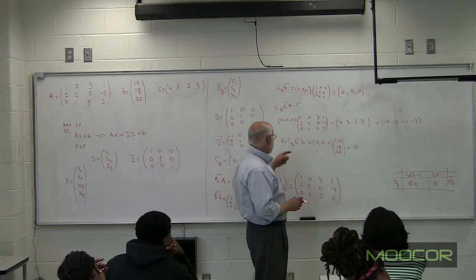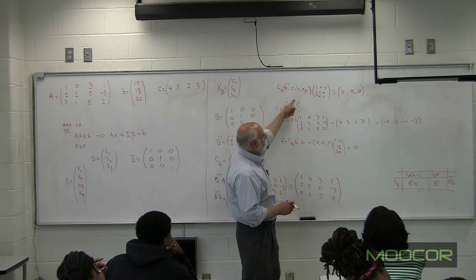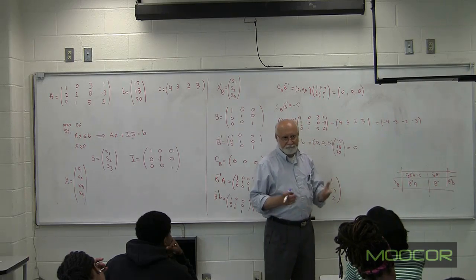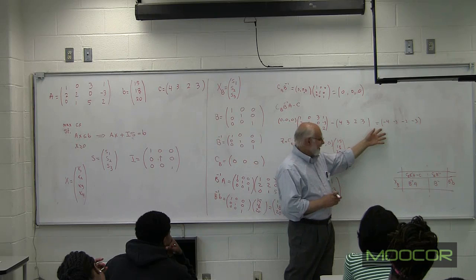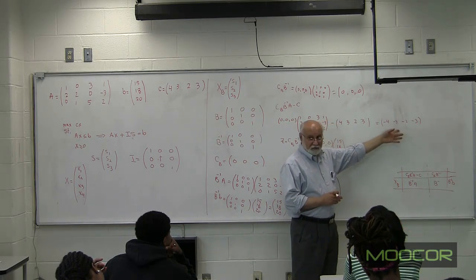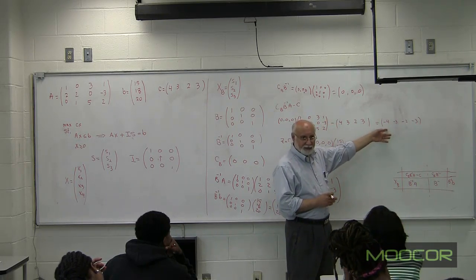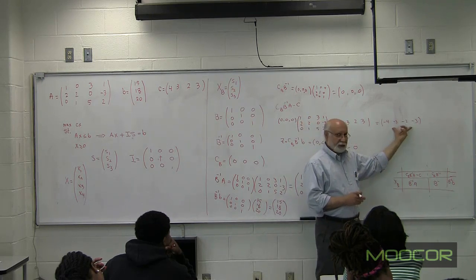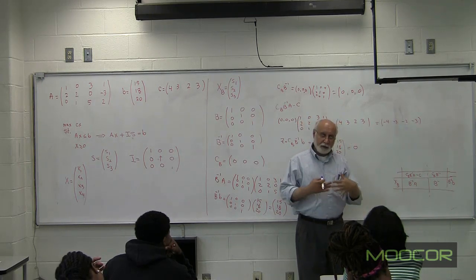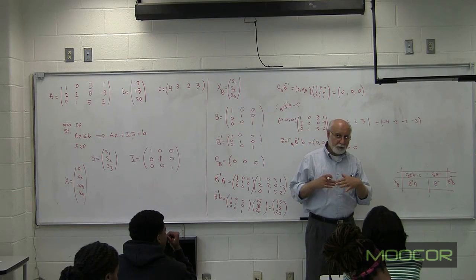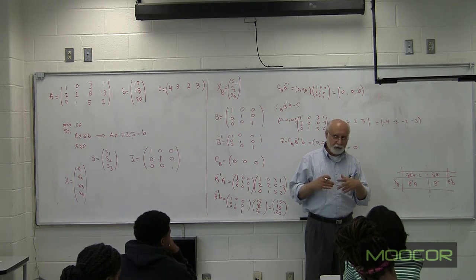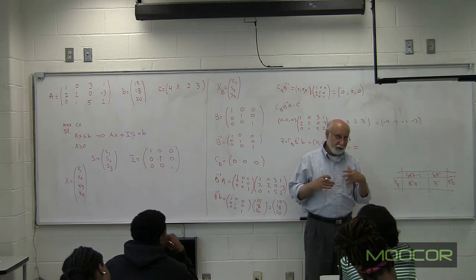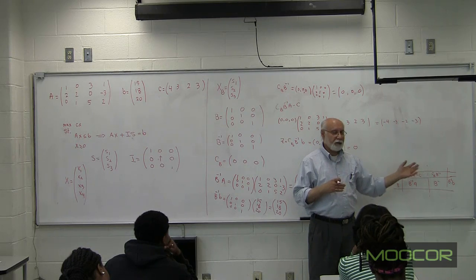In this case, CB B inverse is 0, 0, 0. It's associated with the basic variable. But CB B inverse A minus C has some negative numbers. So you say, not optimal, and then why? There is no 0 here; 0 is associated with the tableau.